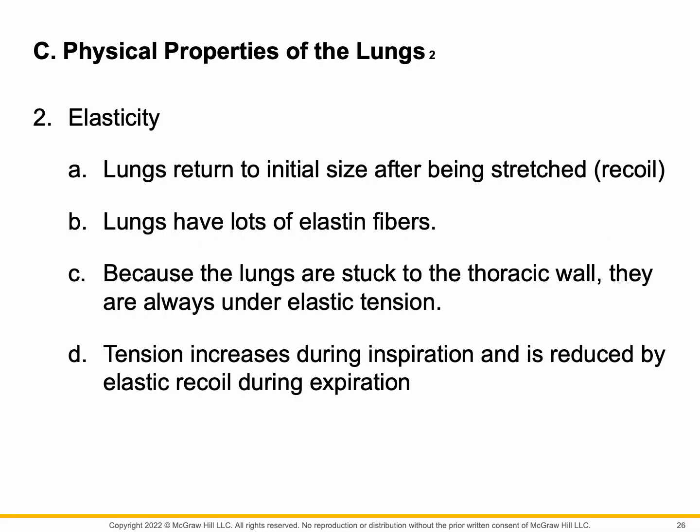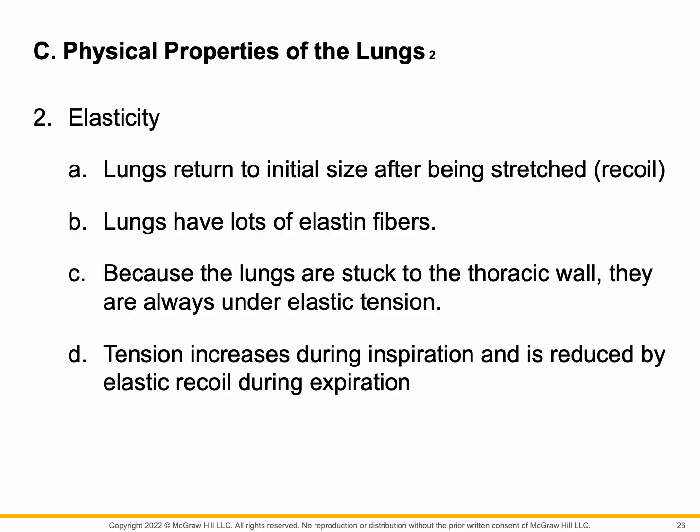So properties of the lungs include elasticity. The lungs can return to its initial size after being stretched. This is called recoil. The lungs have lots of elastin fibers because the lungs are stuck to the thoracic wall.